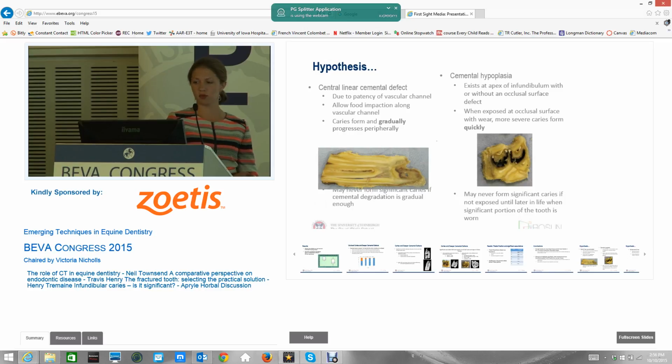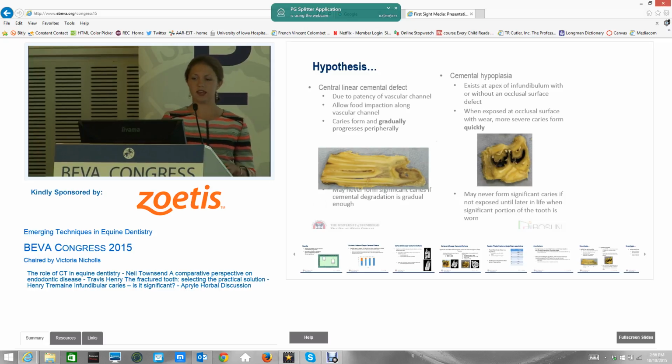And then caries may form more quickly because the food may directly impact against either a very thin wall of cementum or abnormal cementum, or maybe even directly against the enamel of the tooth if the hypoplasia is complete in that area. And this may never form significant caries, though, still, if they're exposed later in life and the tooth has kind of walled itself off enough that it remains stable in the cementum of the periodontal complex.